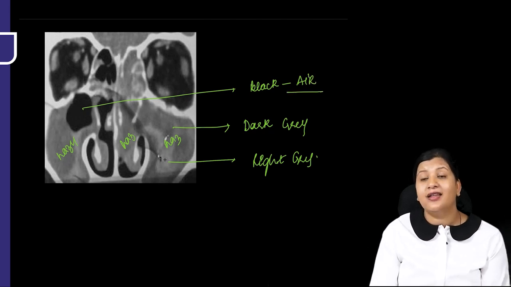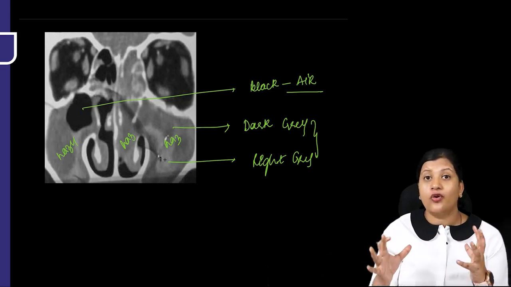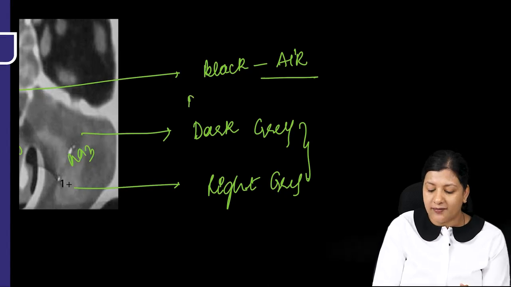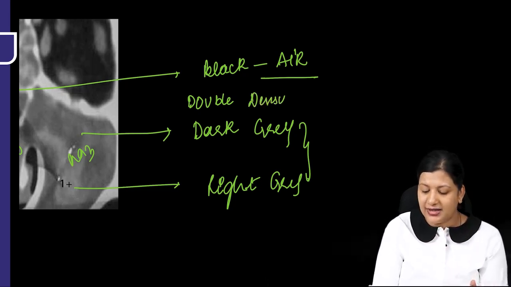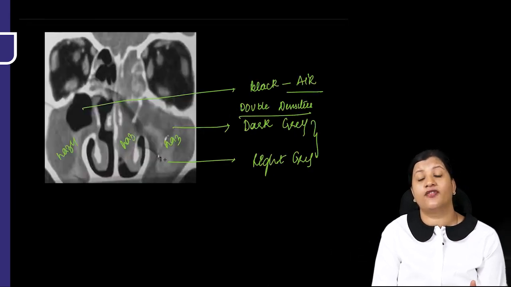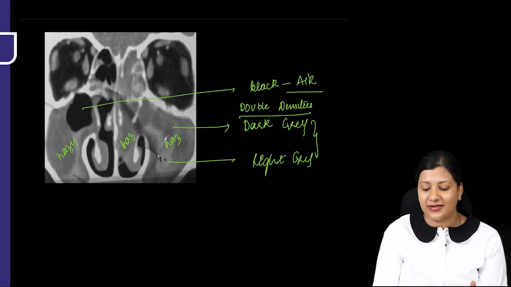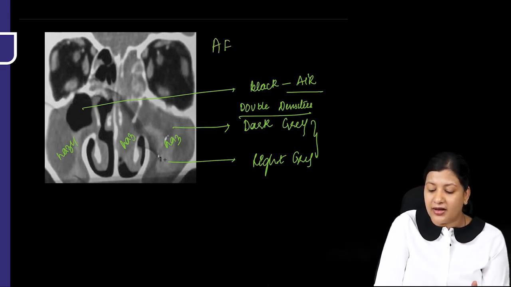But that dark grey and light grey, we call them double densities. There are two different densities. So what do we call them? Double densities. So you see there are areas which have these double densities, and the presence of double densities is suggestive of a very important diagnosis. It is suggestive of allergic fungal rhinosinusitis.